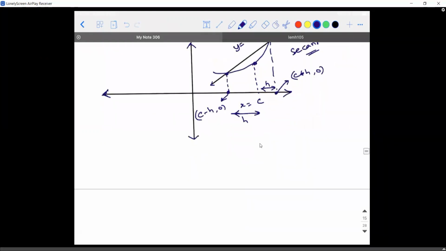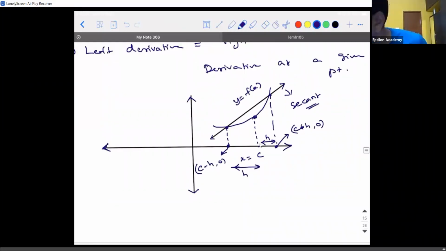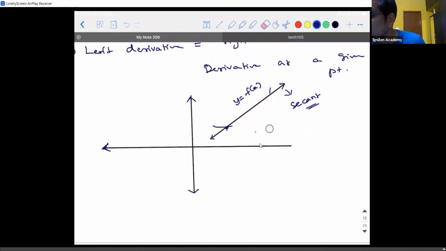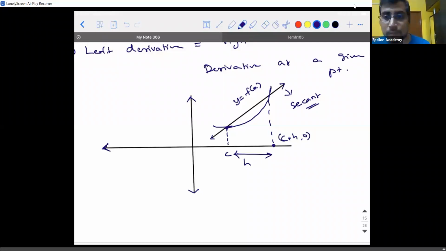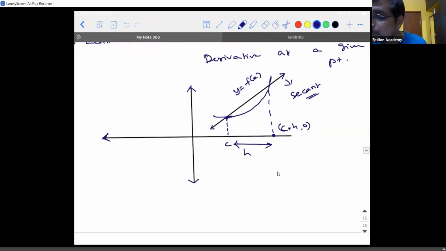Listen, I'll do a simpler thing. I'll not take everything in a single graph. I'll take something like this. I will take this point as c and this point as c plus h comma 0.